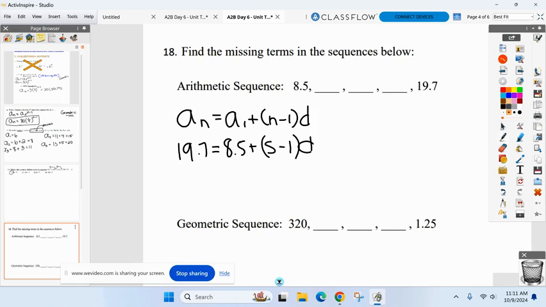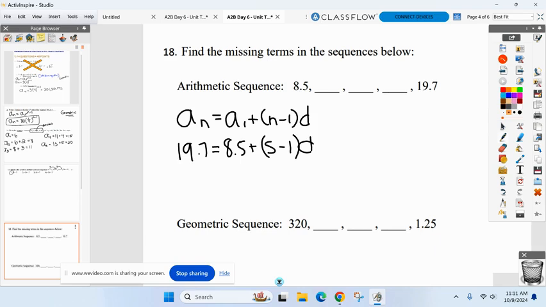I did not get 12. Oh, wait, hold on. I forgot to subtract. It's 7.2. 25 minus 1.